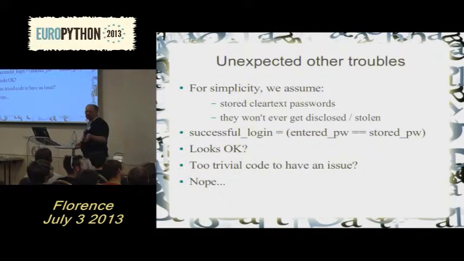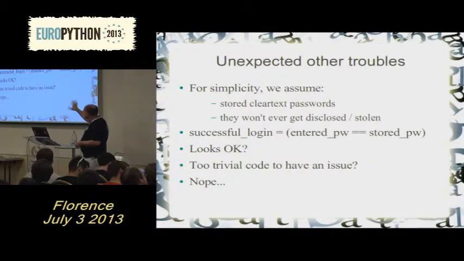Because the attacker, of course, could have a better implementation, so it needs to be slower in theory also. Aside from that speed issue, there are some other troubles. To make this example, we take some assumptions. We assume for this case, because it does not matter that much, that we have clear text passwords stored.